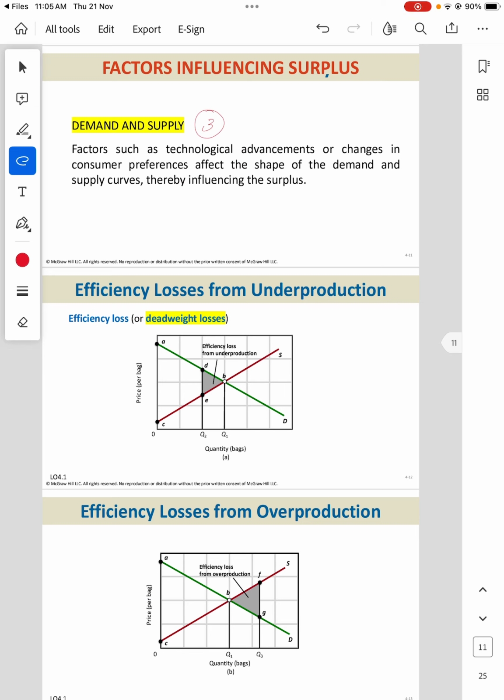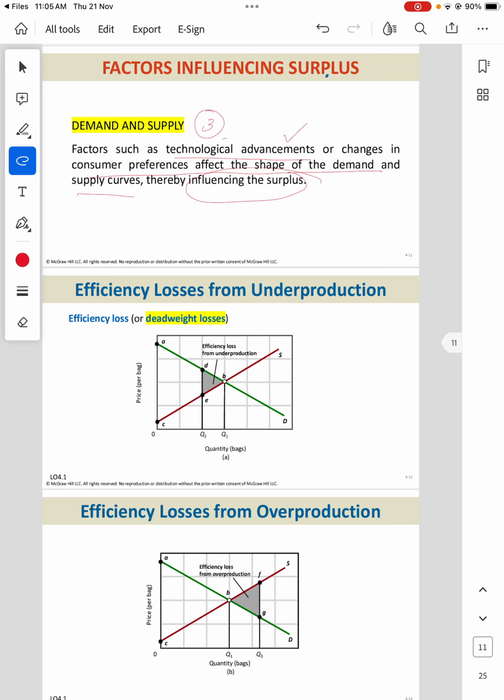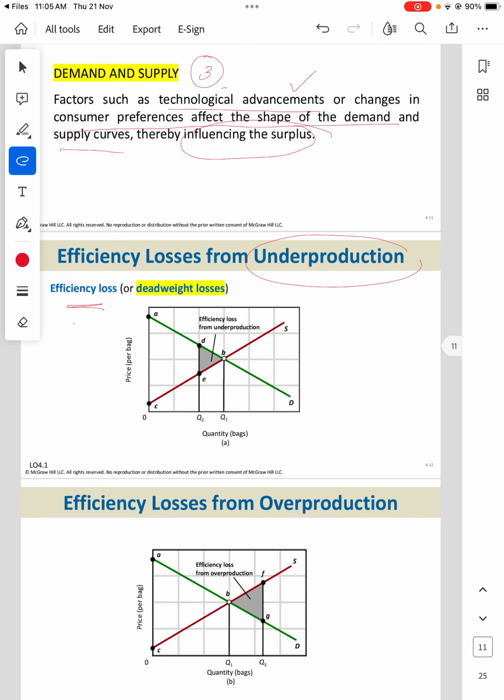The third factor is demand and supply. For example, technology advancement and consumer preference affect the shape of the demand curve, thereby influencing the surplus. For example, we do have AI now. Now, efficiency losses from under production. What does efficiency loss mean? It is the deadweight loss.